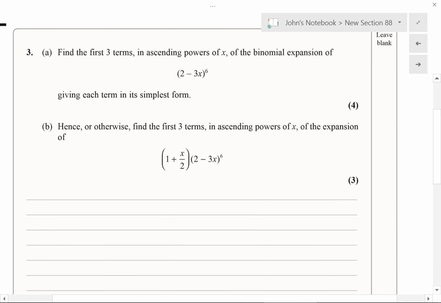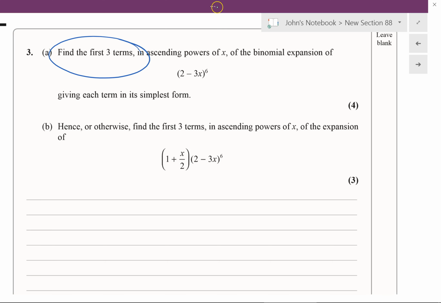It's a straightforward one, but don't waste time doing more terms. As soon as I see a power of 6, I'm thinking they probably don't want all 7 terms of that binomial expansion. They only actually want 3 here. So we're only looking for 3, so that's fine. So there is a formula in the formula book for the binomial.